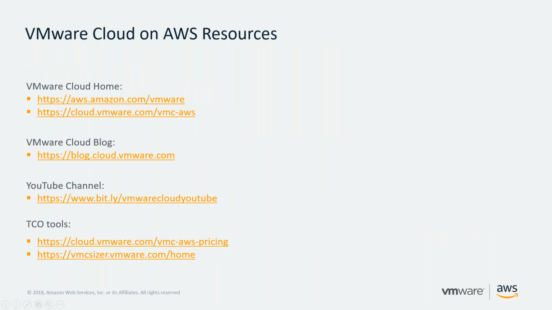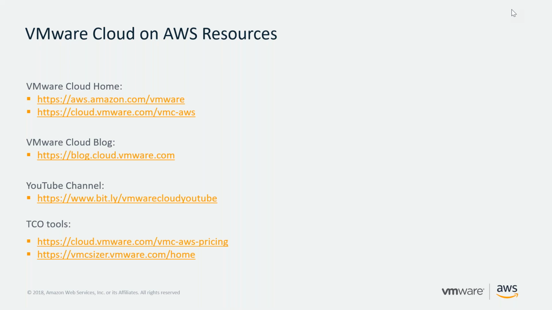Thank you, Brian. So we'll go over some of the VMware Cloud on AWS resources. You do have the option of going to several web pages, the VMware Cloud home pages: aws.amazon.com/VMware, cloud.vmware.com/vmc-aws. Also check out the blog posts at blog.cloud.vmware.com.